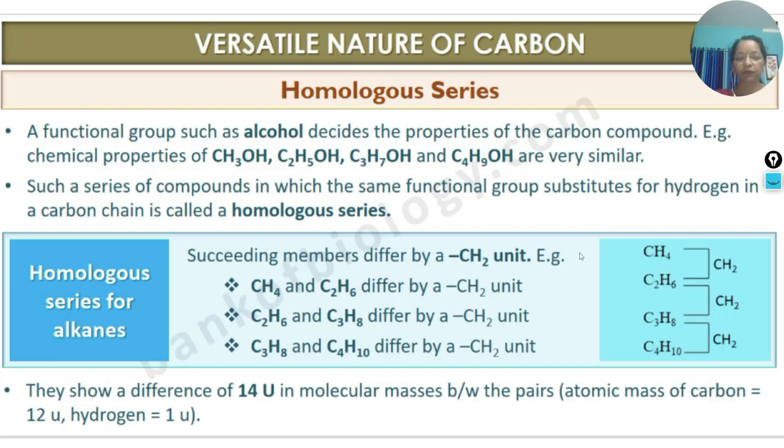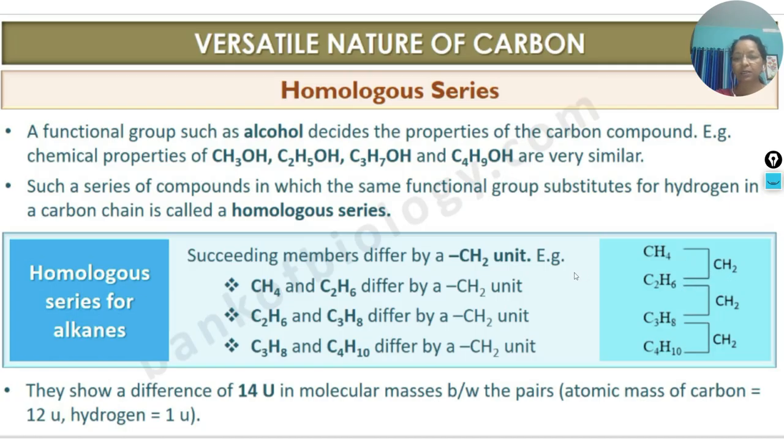For example, take the homologous series of alkanes, starting with CH4, then C2H6, then C3H8, C4H10. This is the homologous series of the alkane family. See, each succeeding member differs by a CH2.